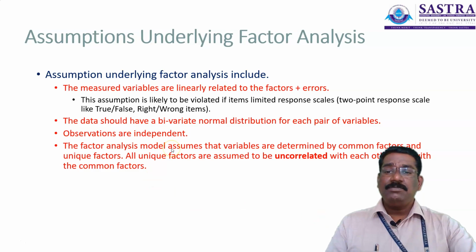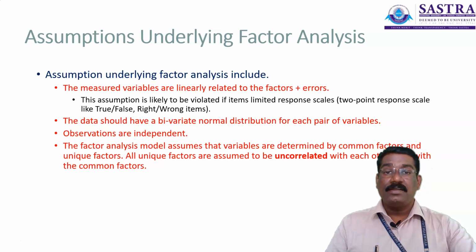So the assumptions underlying factor analysis include that the measured variables are linearly related to the factors plus errors. This assumption is likely to be violated if items have limited response scales, such as 2-point response scales, like true, false, right, wrong items. The data should have a bivariate normal distribution for each pair of variables.